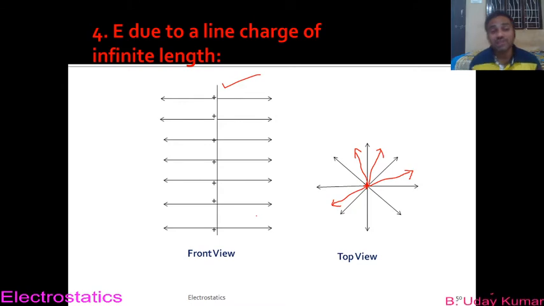For negative charge, if the negative charge is distributed along its line, the electric lines of forces will be directed inwards, not outwards. Just try to understand the direction of electric lines of forces. Why is this important? Because the direction of electric lines of forces will be the direction of electric field intensity.